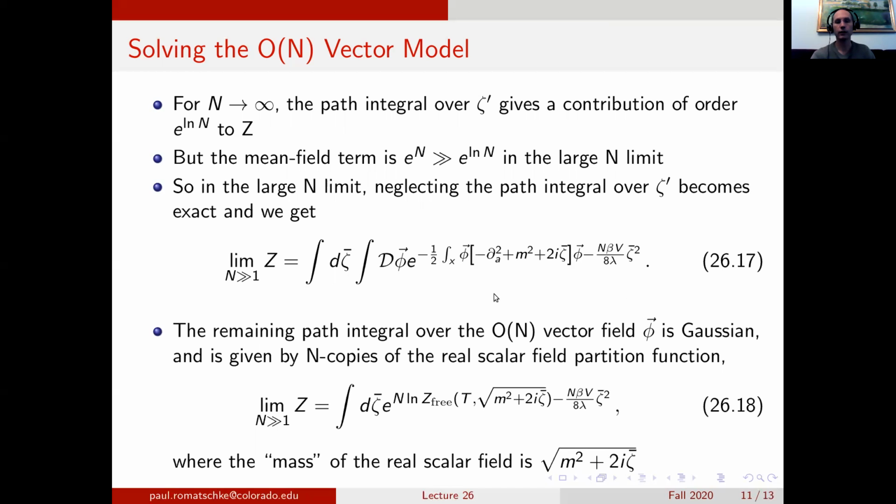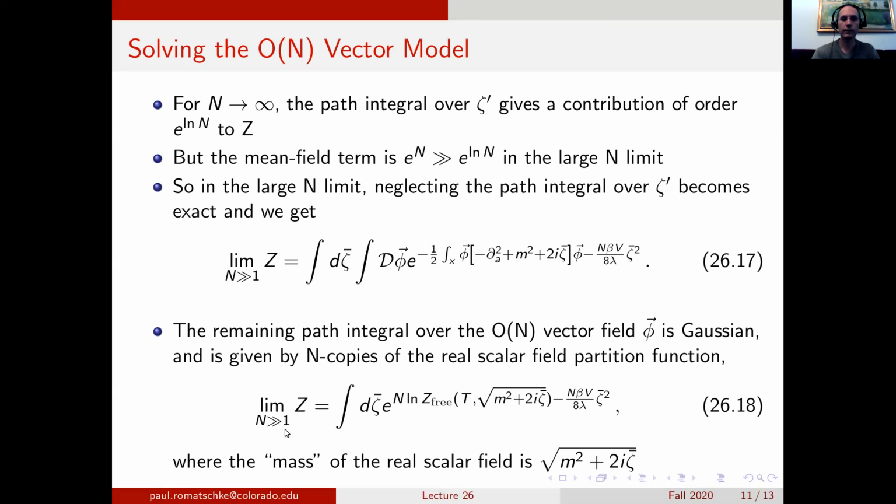The remaining path integral over the ON vector field is now again Gaussian because this term, which was previously a 3-point function, is now just something like a generalized mass term because sigma bar is constant. We can just integrate that and get the determinant of this operator. The determinant of this operator is something that we've calculated before. This is nothing else but the partition function of a free scalar field with a particular mass term.